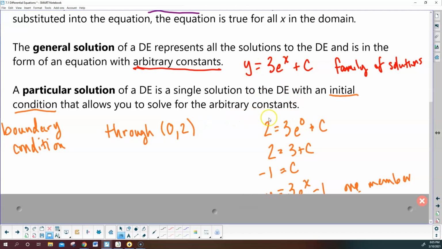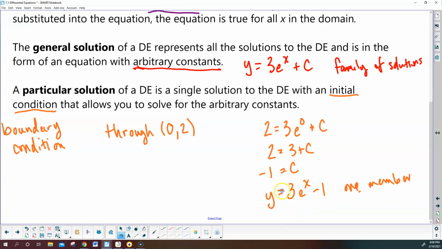We take the 2 and plug it where the y goes. And then notice we can solve for c. e to the 0 is 1. 3 times 1 is 3. Solve for c. And then what do we do? We take this c and we plug it right back in where c was originally. And now we have one specific equation. It's no longer a family of solutions. It's one specific member, or one specific solution. All right?